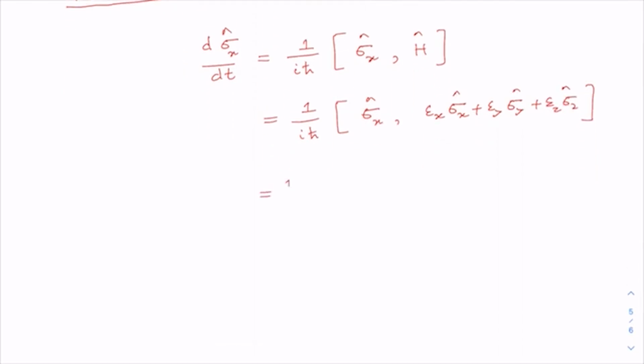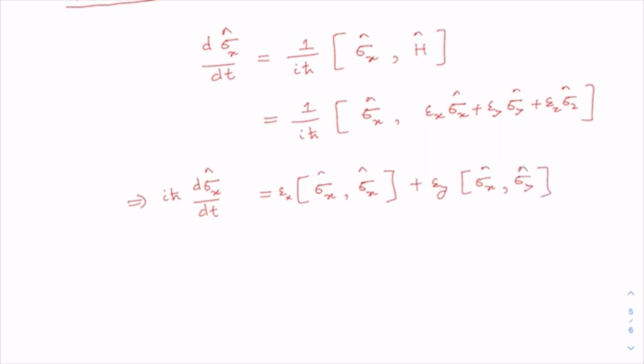So we'll have 1 by i h cross, or let me take it this side, i h cross to the other side, then I have this one, and I will have relations sigma x epsilon x, epsilon y sigma x sigma y plus epsilon z sigma x sigma z.